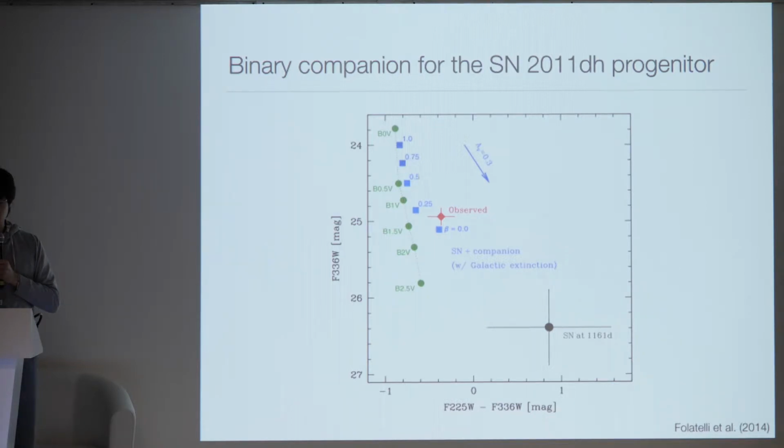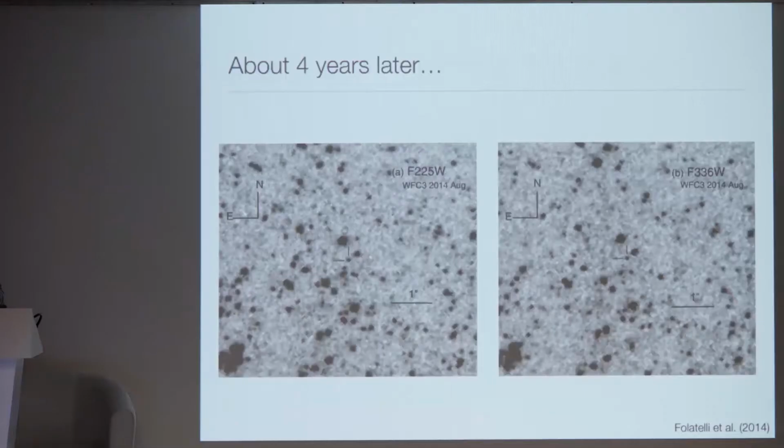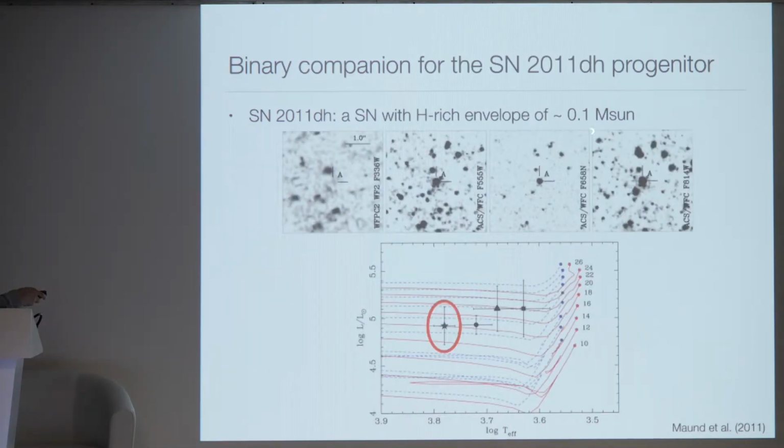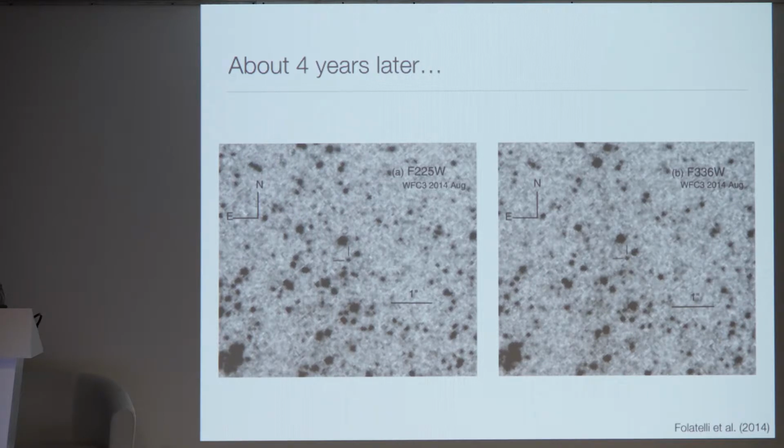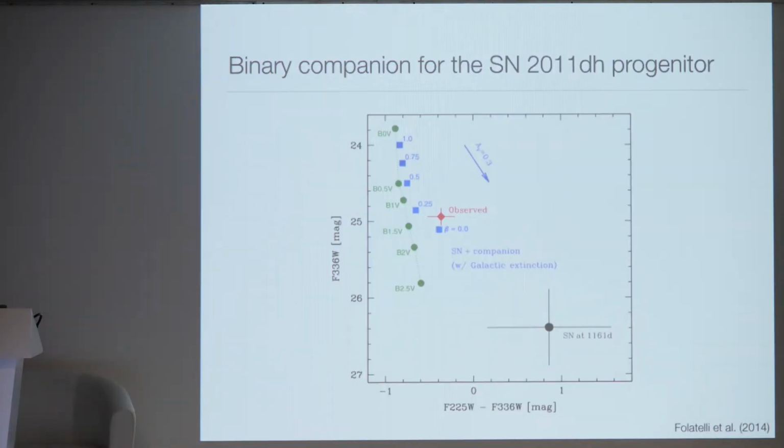So that was a kind of direct confirmation of a star which exploded as a yellow supergiant, so with a little hydrogen. Usually if these stars explode as a single star, then it should have a hydrogen-rich envelope of tens of solar masses, but it only had 0.1 solar masses of hydrogen-rich envelope, and that was stripped because of the existence of the companion star, which was confirmed by observation of this companion star as well.